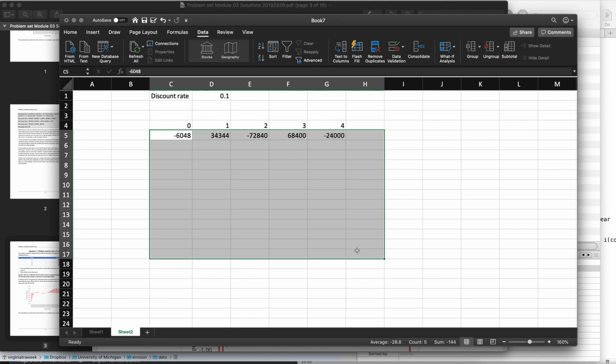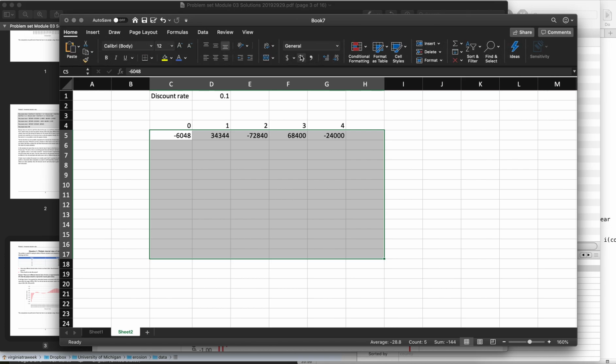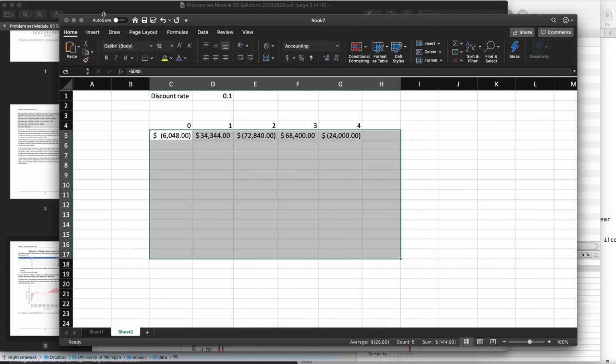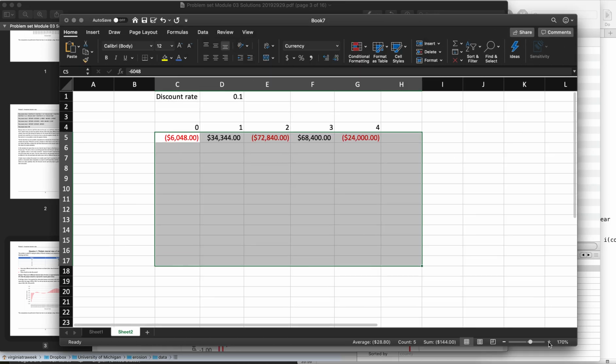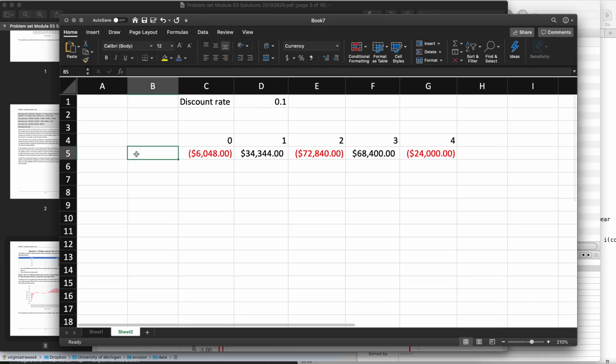I'm going to make these look fancier, so I'm going to go to home. I'm going to make that like that. Actually, I'm going to make it red so you can see it better. And I'm going to make this just a little bit bigger. Okay, so these are our cash flows. This is our time. This is the present value of each of those cash flows.